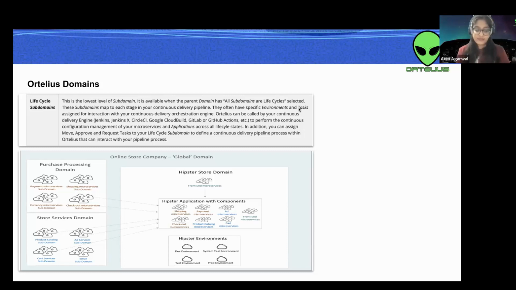For example, we have to generate this request to this subdomain and that request to another subdomain. That is also a point of differentiation between the two. And Ortelius can also be called by your continuous delivery engine, for example, Jenkins, Jenkins X, Circle CI, Google Cloud Build, GitLab, GitHub Actions. Any continuous delivery engine which you are using in your organization is supported by Ortelius as well.